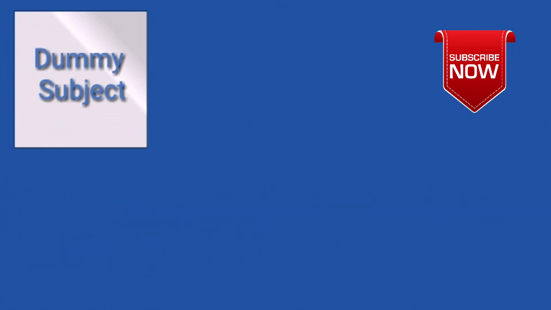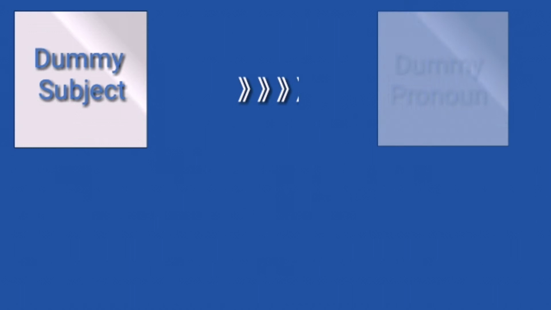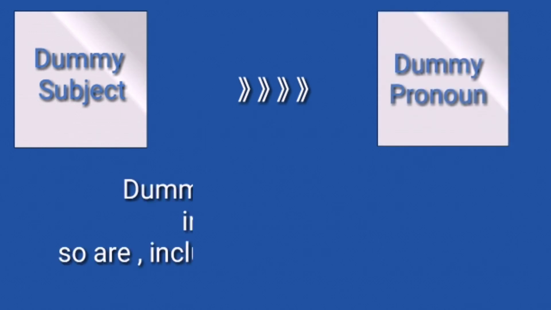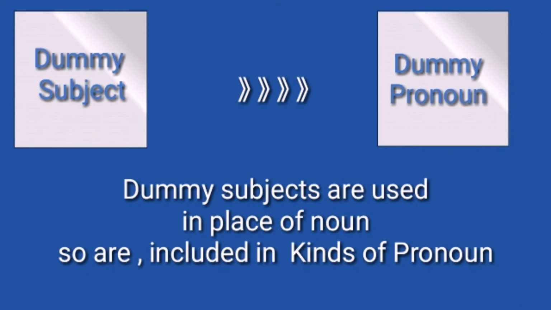And those two dummy subjects are there and it. These two dummy subjects are called dummy pronouns also, as they are in place of noun, or we can say in the absence of noun.